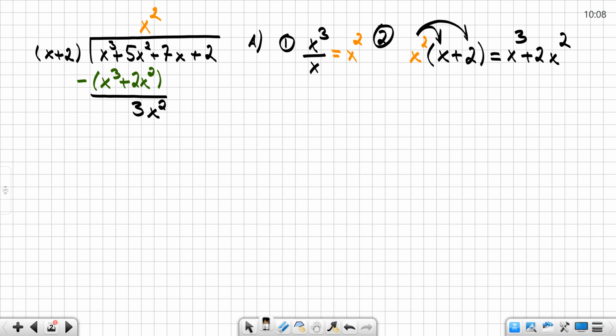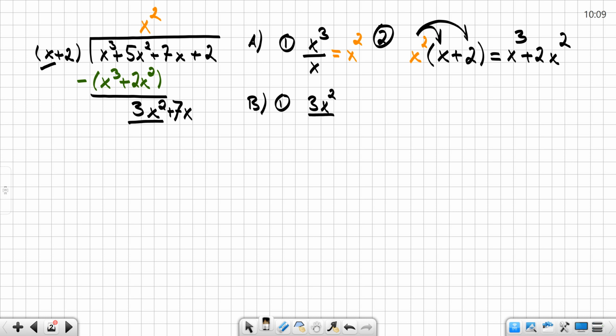And iteration is just one time going through something. The next thing that I have to do, just like with the numbers, there is still something up there that I can bring down, positive 7x. And now I'm just going to do the exact same thing as before. I'll do this a second time. I'm starting with my x, and I ask myself, how often does x go into 3x squared?